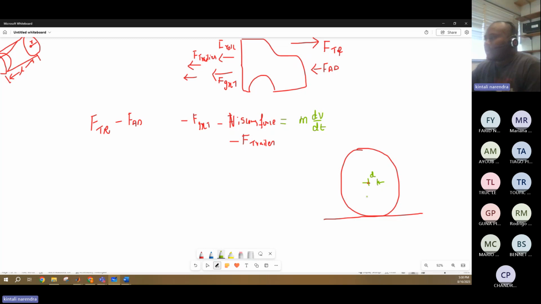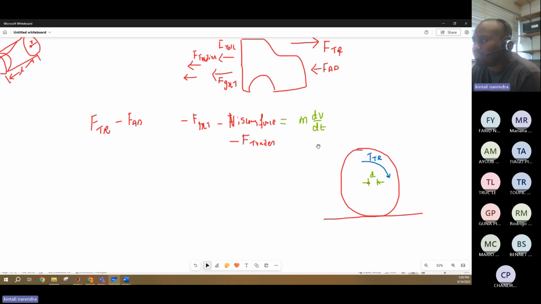Now the engine is developing the torque, and the torque is provided to the wheel by using the shaft. So there is a tractive torque with which your wheel is moving, TTR.